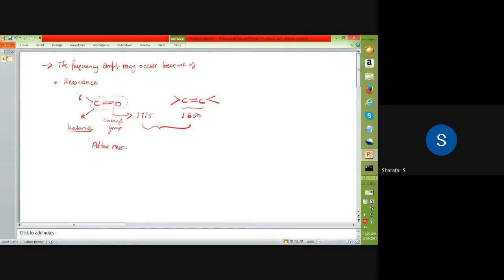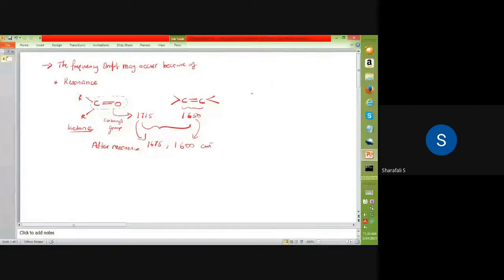After resonance, the bands will be at 1675 and 1600 centimeter inverse. So the 1650 will go to 1600, and the 1750 will move as well. This kind of shift in the spectra is possible.